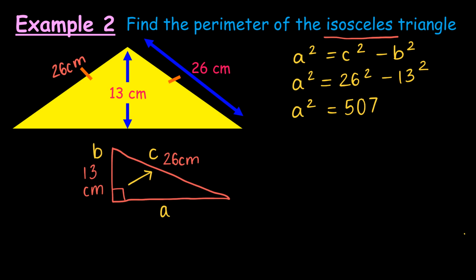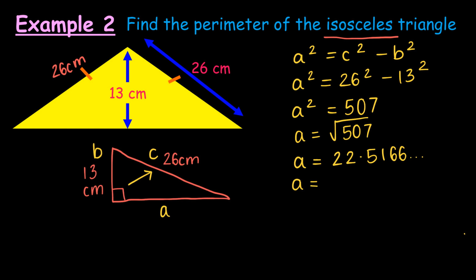So if A squared is 507, then A is the square root of 507, which gives you 22.5166, blah, blah, blah. We're going to round that to 22.5, and that's in centimetres.